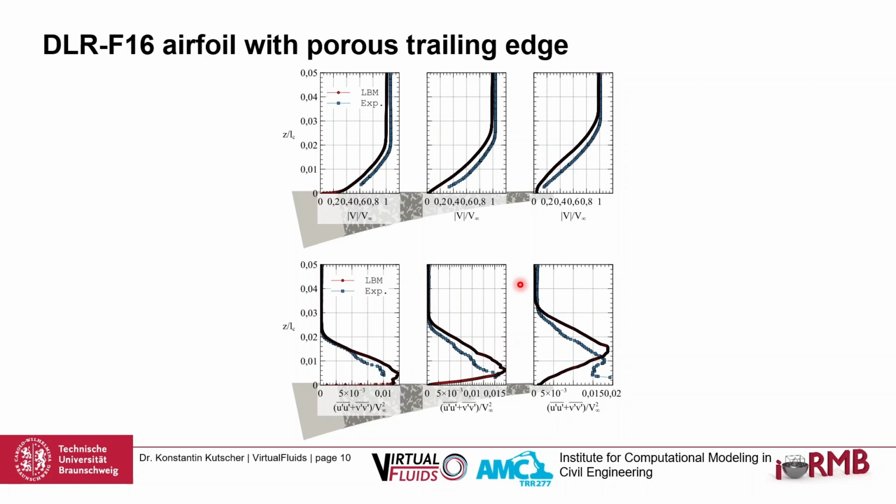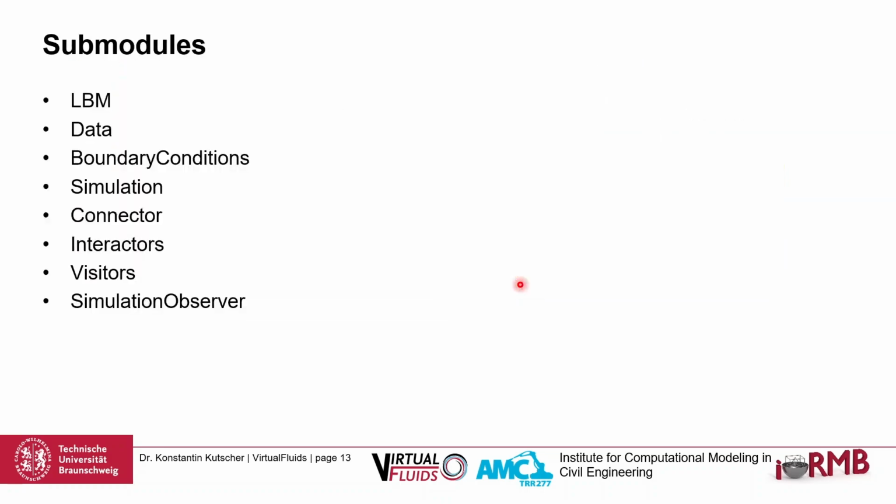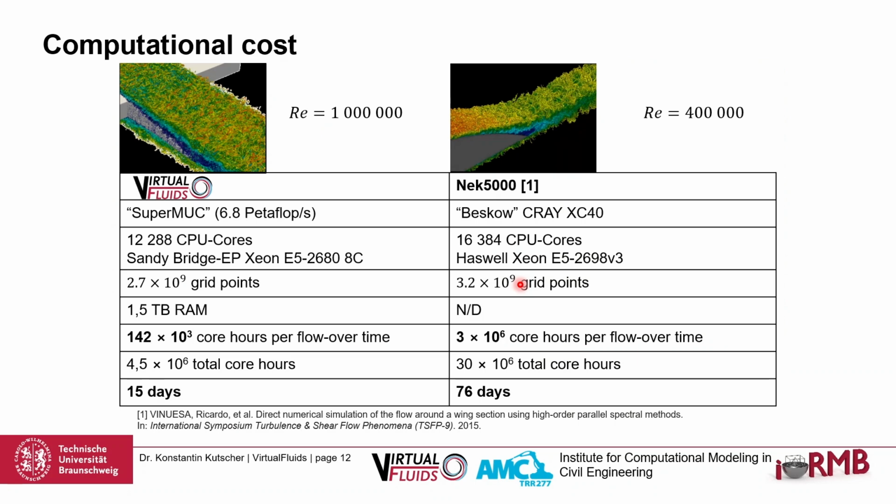I don't criticize this other code. I only show a comparison that the LBM solver is not slower or less accurate, maybe. Exactly, that's why I was wondering if you have some spectral comparisons with a spectral code. But it's just out of interest.